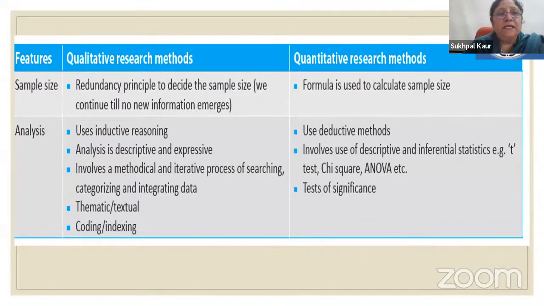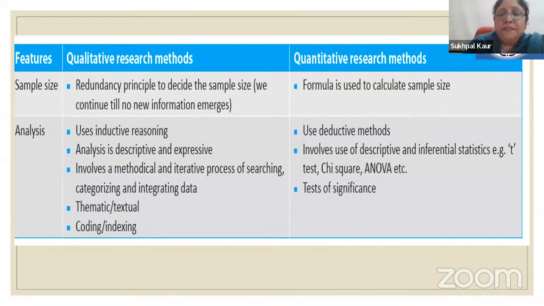And analysis in qualitative research uses inductive reasoning. Analysis is always descriptive and expressive. It involves a methodical and iterative process of searching, categorizing, and integrating the data. We always get the data in the form of themes or text after doing coding and indexing.